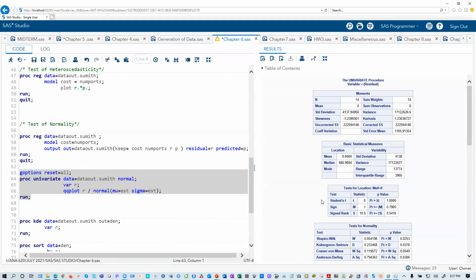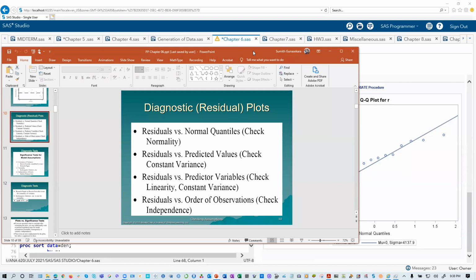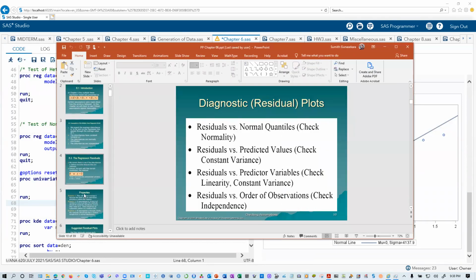But if you don't want to run regression and just focus only on this one, we got that one separately, residual versus the normal quantile. How do you calculate the quantile? We discussed that.